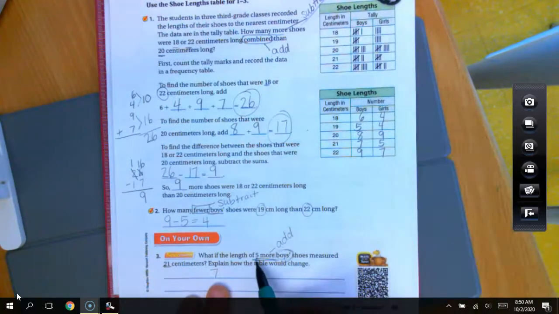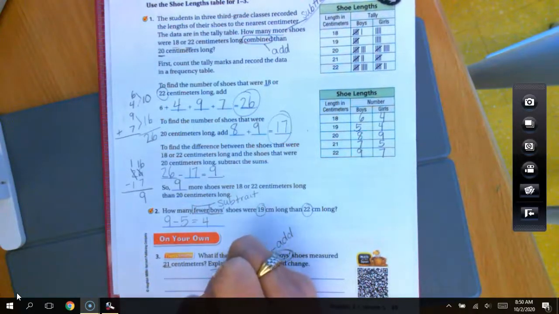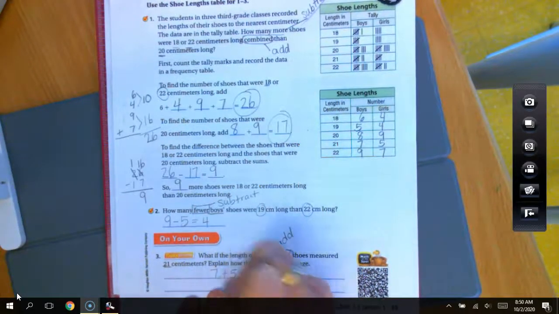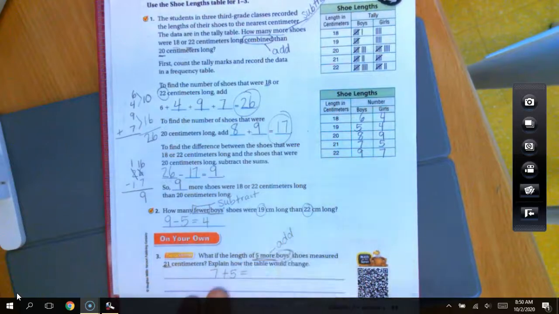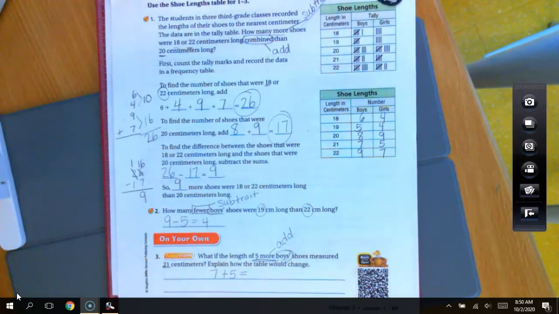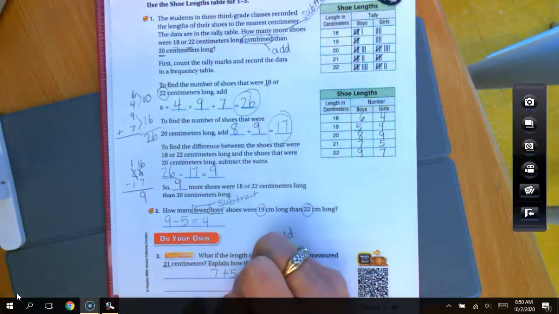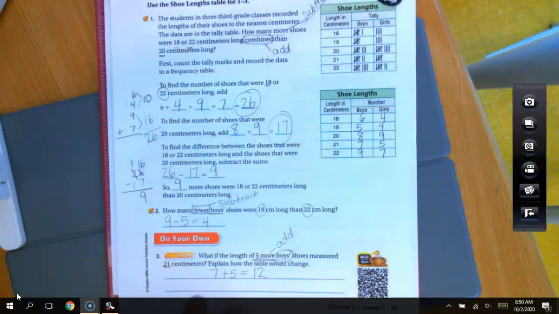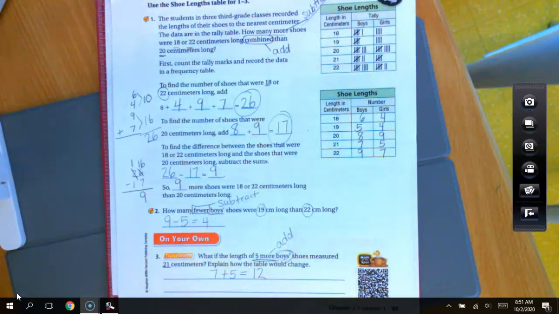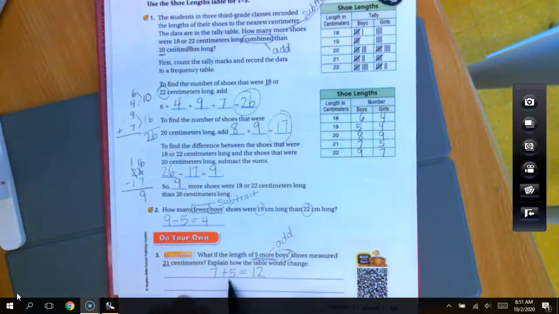So they want to add 5 more. So I need to add 7 plus 5. Well, what is 7 plus 5? 12. It says explain how the table will change. Well, the number for 21 centimeters for boys would change from 7 to 12, if we're adding 5 more.